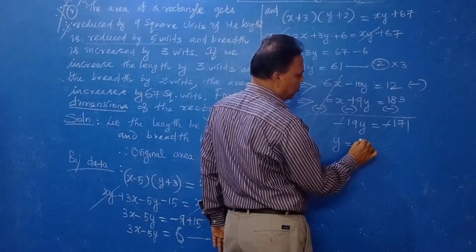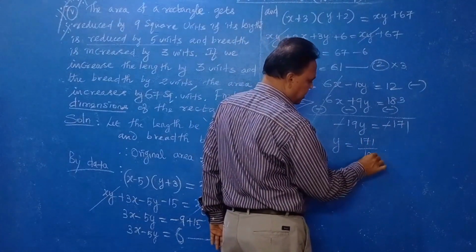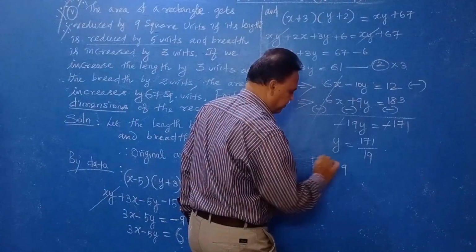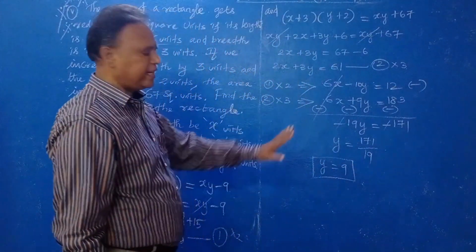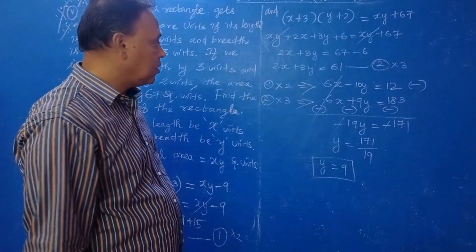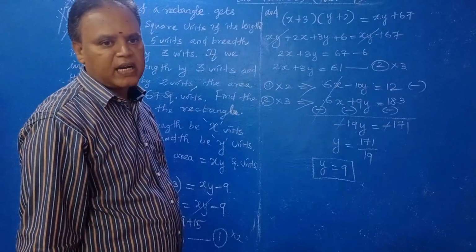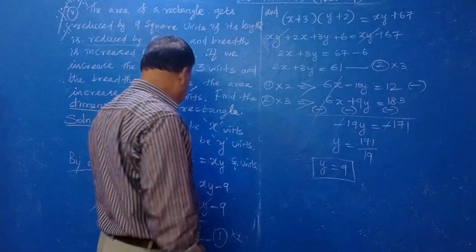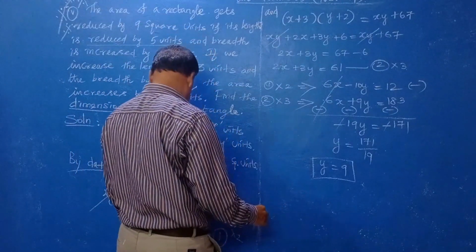Therefore y equal to 171 by 19. How many times will it go? In the 19 table, 9 times. 9 19s are 171. Okay.